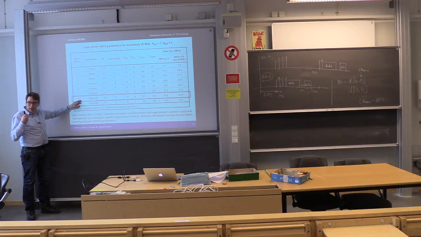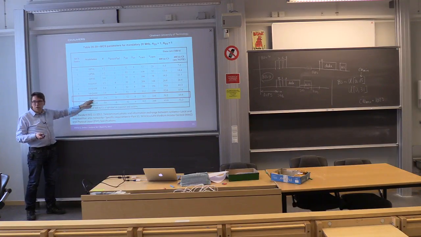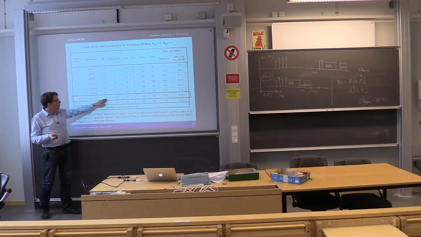So at that particular moment when I took the screenshot, my laptop was using 64 QAM, a rate 3/4 correction code, and there's a bunch of other parameters here which are not so important at this moment.